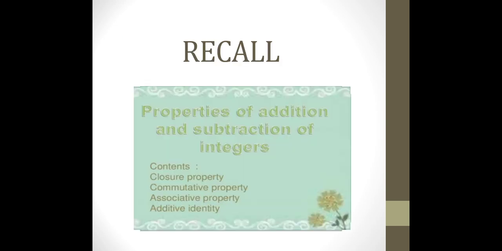So, students, till now we have covered the properties of addition and subtraction of integers: closure property, commutative property, associative property, and additive property. What did we find in closure property? We saw that closure property for integers is satisfied under both addition and subtraction.